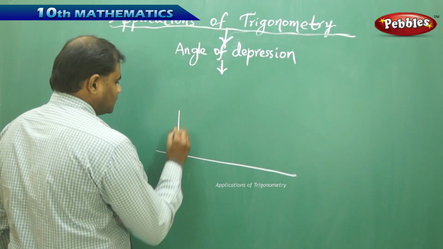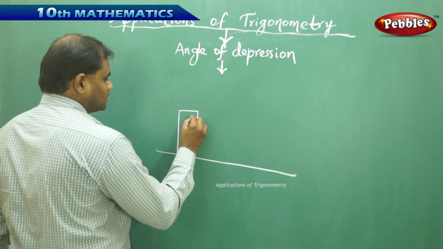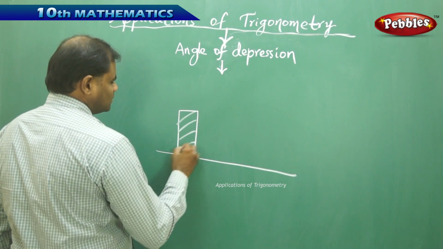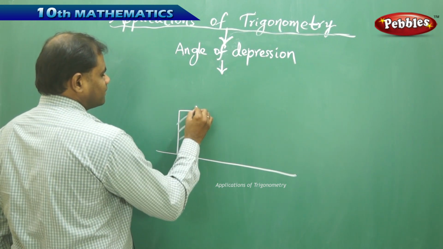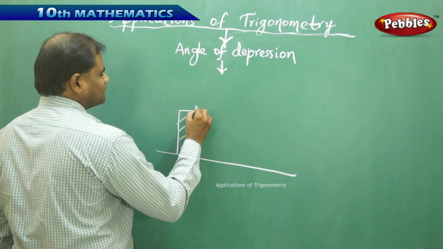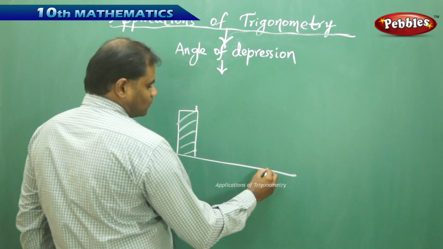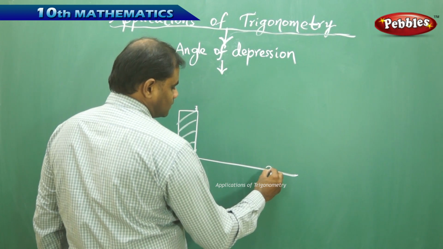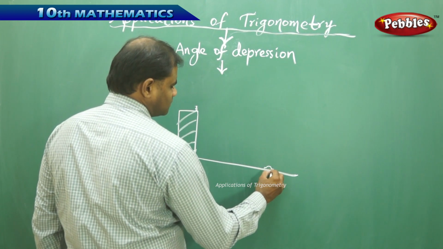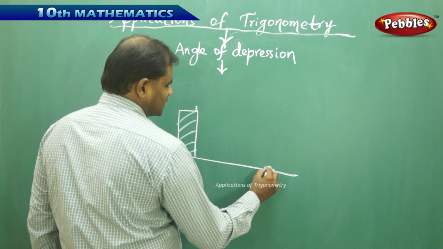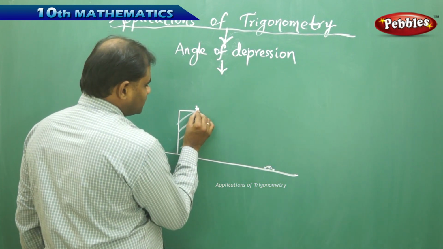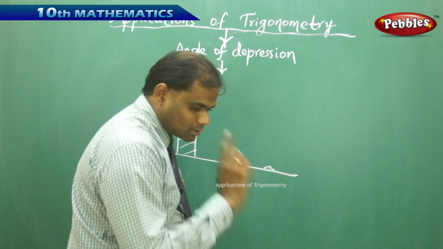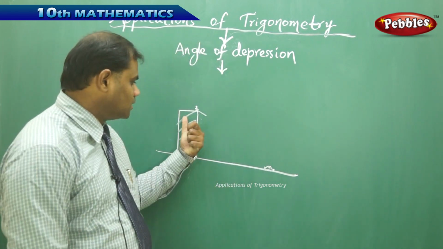Let's take a real life problem where I have a ground and I have a building on which I'm standing. This is the building where I stand. Standing here, I want to see a car which is out here on the road. That means I'm watching downwards because I'm on the top of the building.